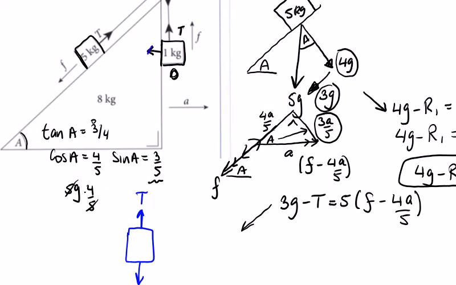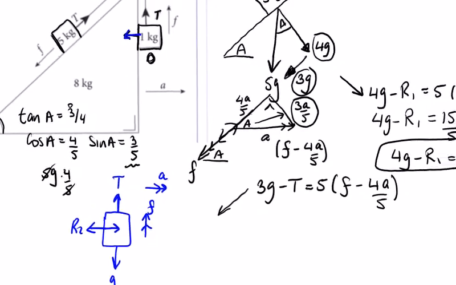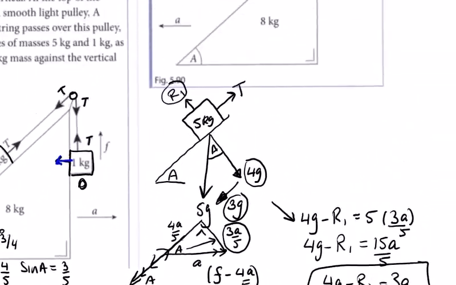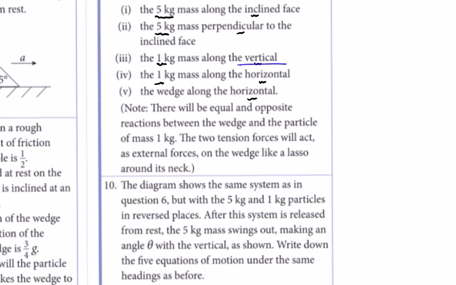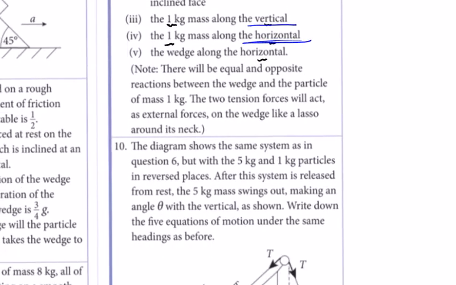We have this reaction here, which I'm going to call R2, in and out this way. We have acceleration, we're told, f going up and a going across. So we're asked to form equations along the vertical and the horizontal.